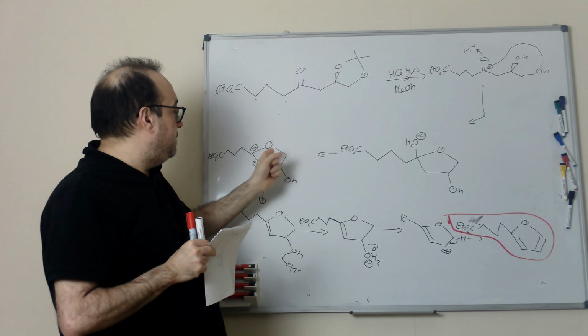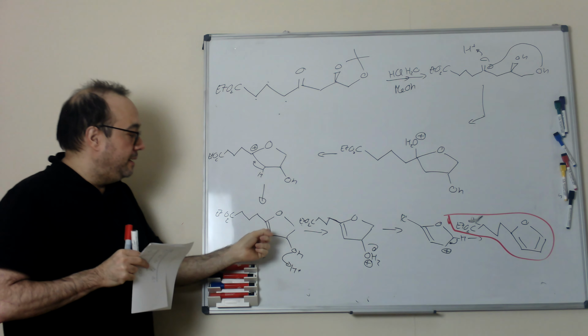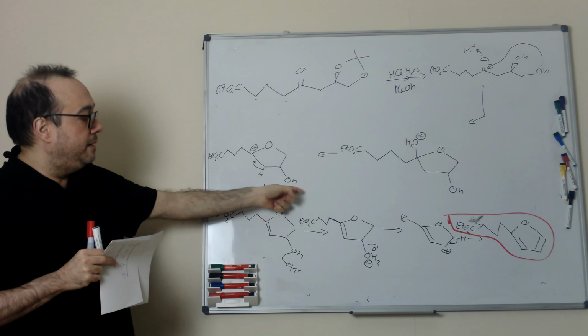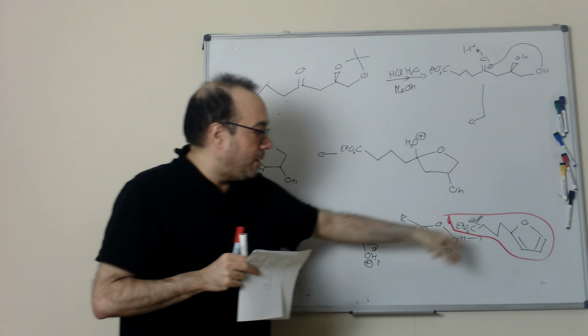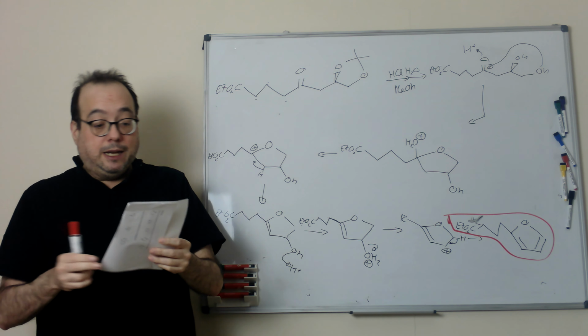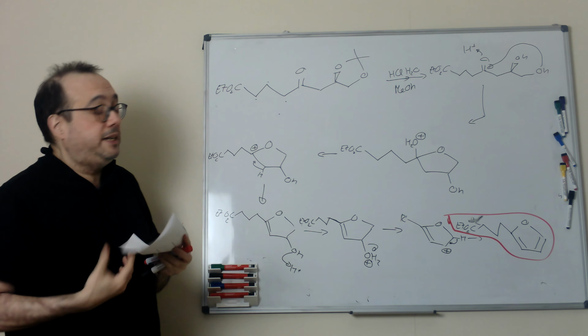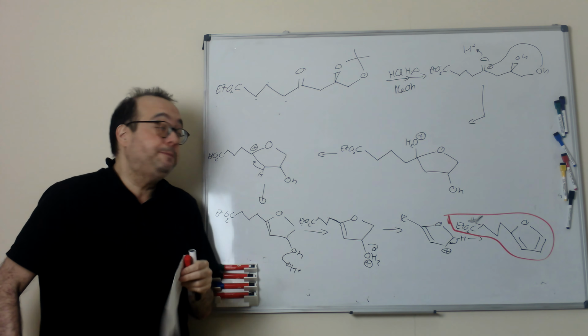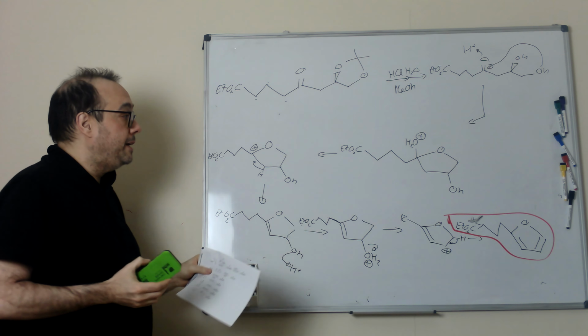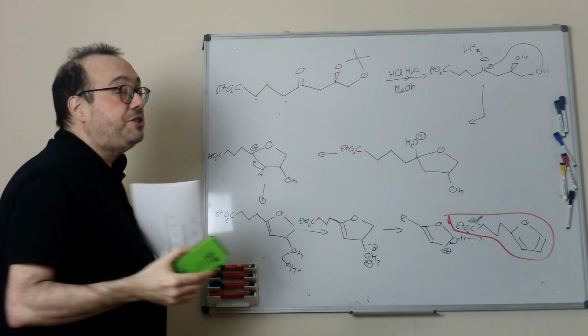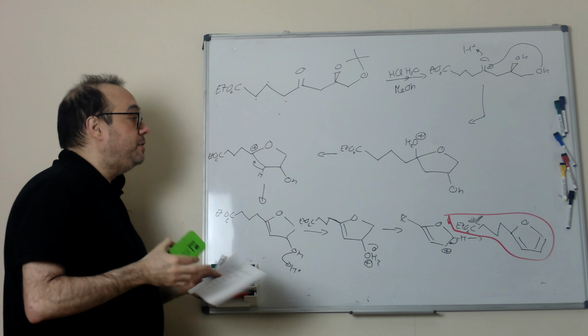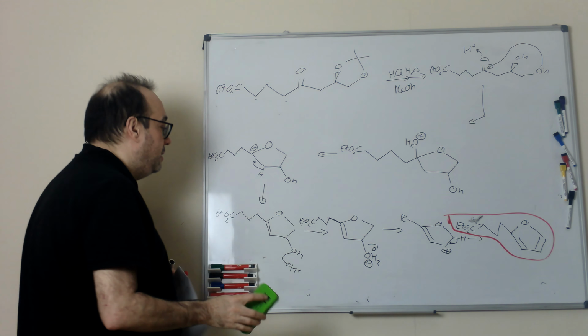We lose water, E1 elimination to generate this double bond, and then we lose the other alcohol, forming water, E1 again to form the furan. The formation of the furan is the driving force of the reaction, because the stabilization that we get with the aromaticity is what is pushing the reaction to the final compound.